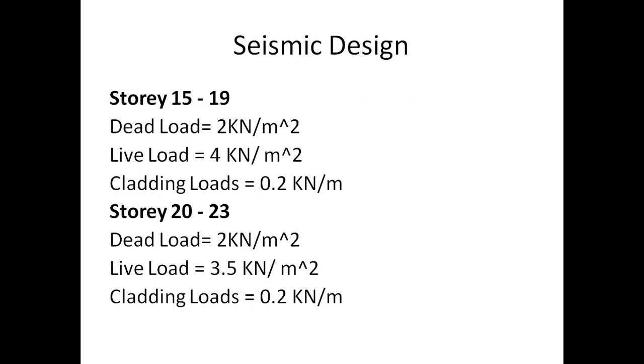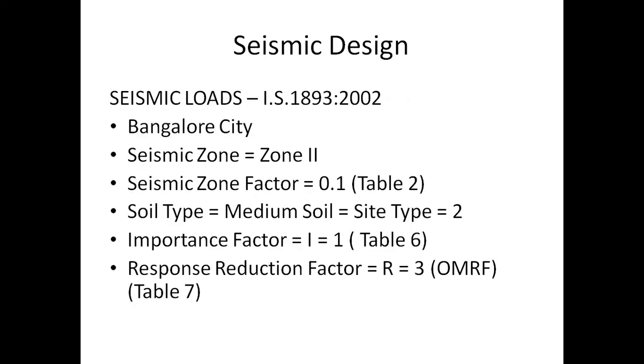Let me look into the seismic parameters required. Here for seismic loads I will be referring to Indian Standard 1893-2002. Bangalore city is in seismic zone 2. The zone factor is 0.1 from table number 2, and soil type is medium, that value is equal to 2.